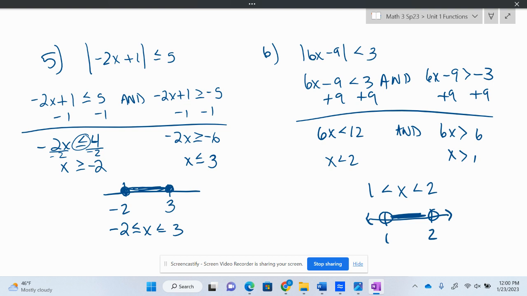I don't know how y'all are fitting that into your teeny little boxes on your notes. Raise your hand if you still need a couple seconds to finish it. Okay, so let's go to number 7.